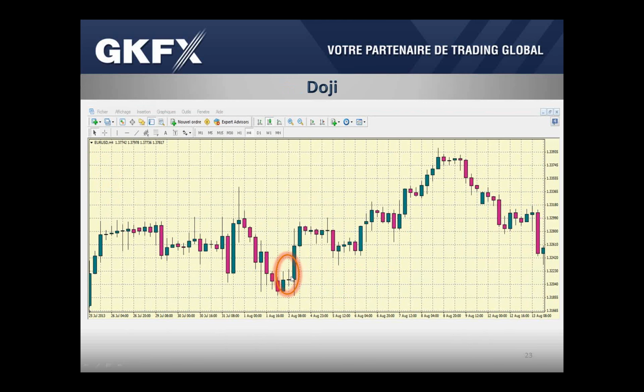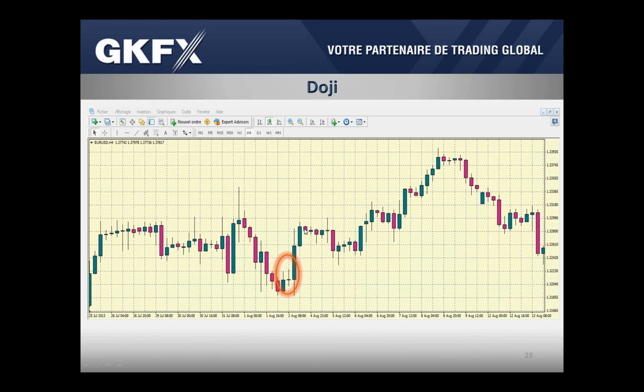Now a doji, full hesitation from the market. And just after the doji, a perfect doji representing full hesitation, you can see a strong impulsion.